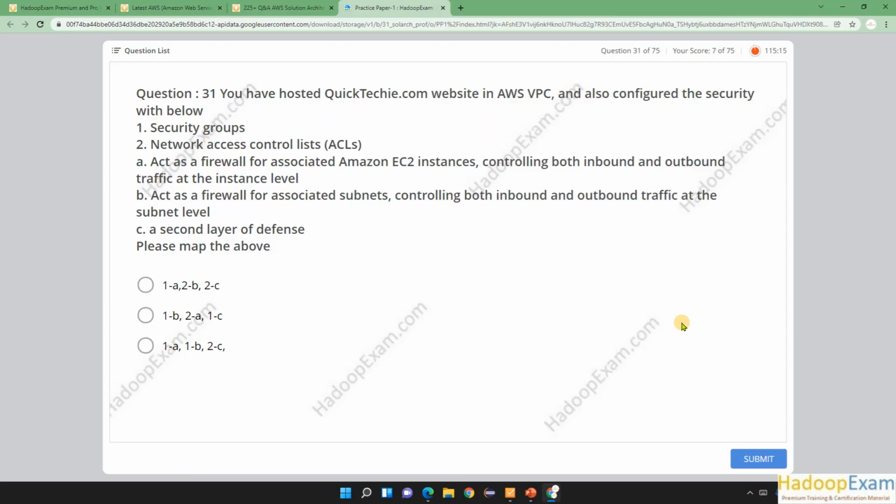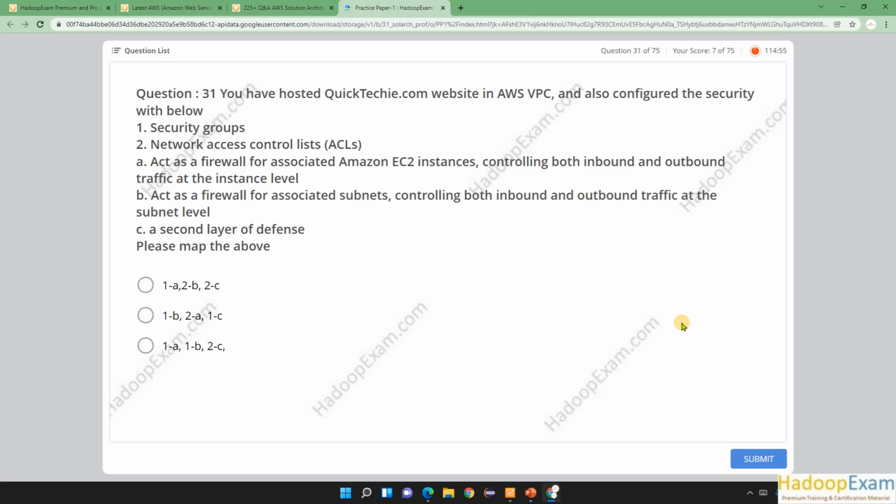So what question number 31 is saying: you have hosted a quicktechie.com website on Amazon Virtual Private Cloud and also configured the security with the below: security groups, which are on instance level, as we know, and network access control lists, which are on subnet level.